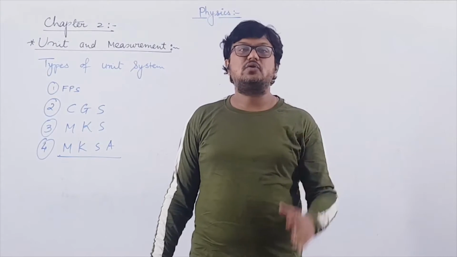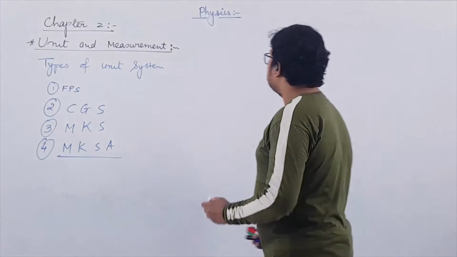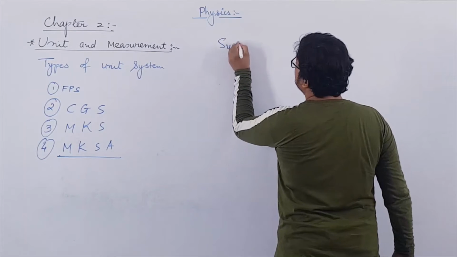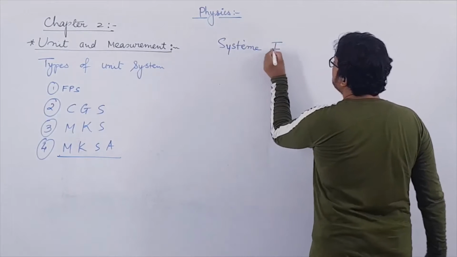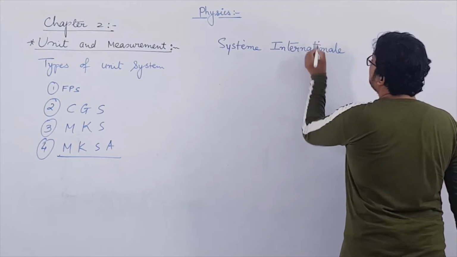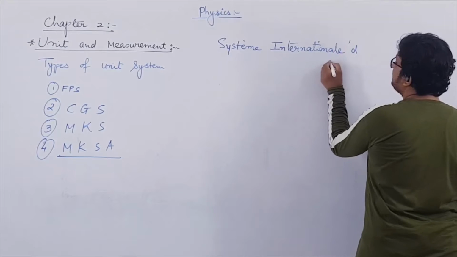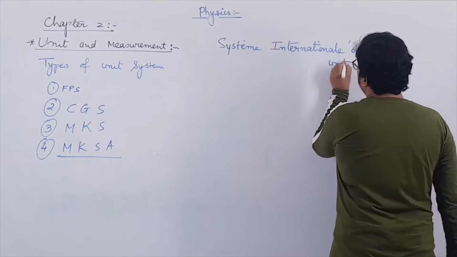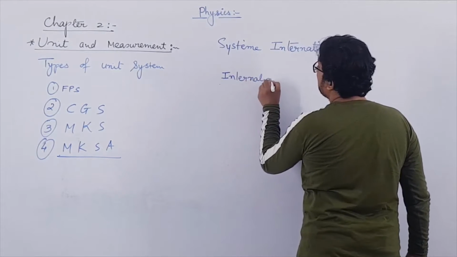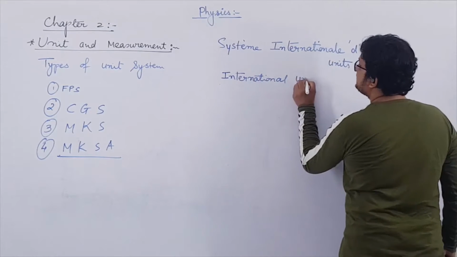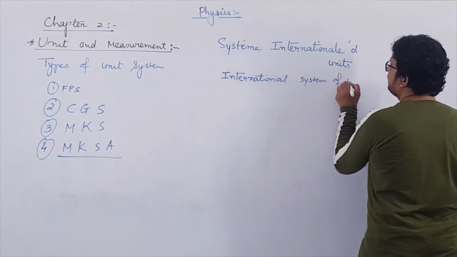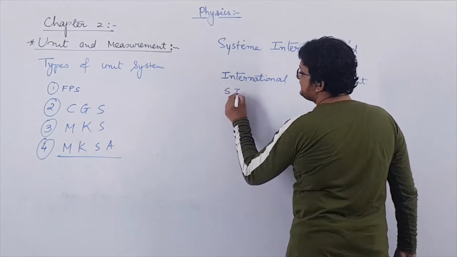So there are 7 physical quantities in this new unit system, which in France is called Système International d'Unités, and for us we'll call it the International System of Units, which is known as the SI unit system.